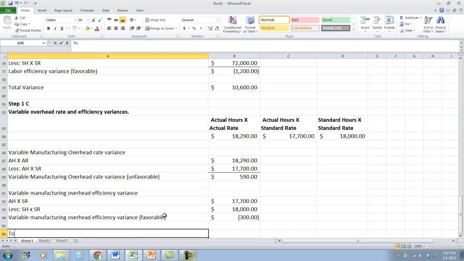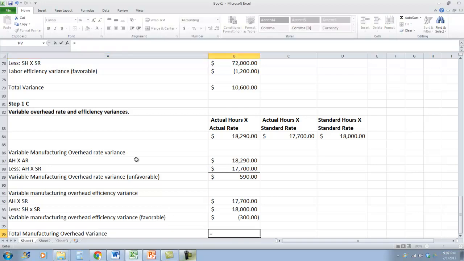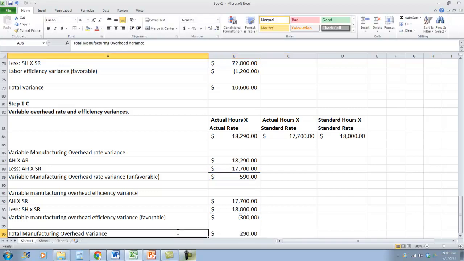Now let's do total. This was the 590 plus. That is unfavorable.